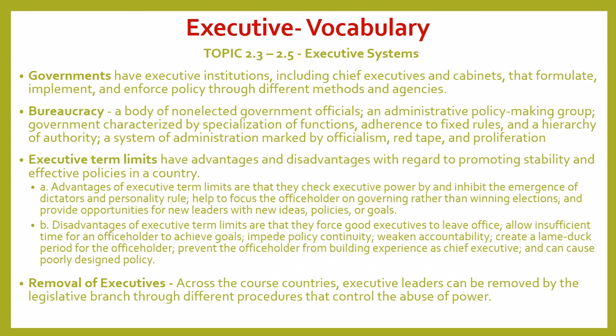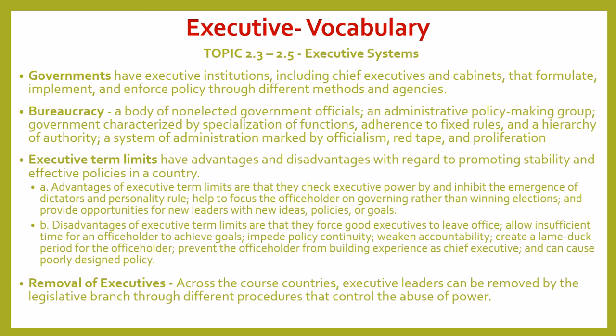So executives in particular. Governments, these are institutions that organize society. They have executive institutions that include chief executives. So, in a presidential system, it's a president. In a parliamentary system, it's a prime minister.